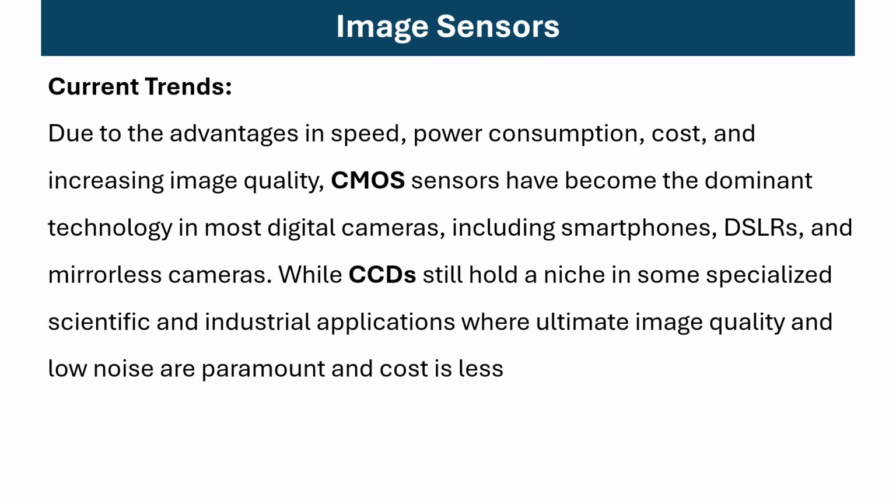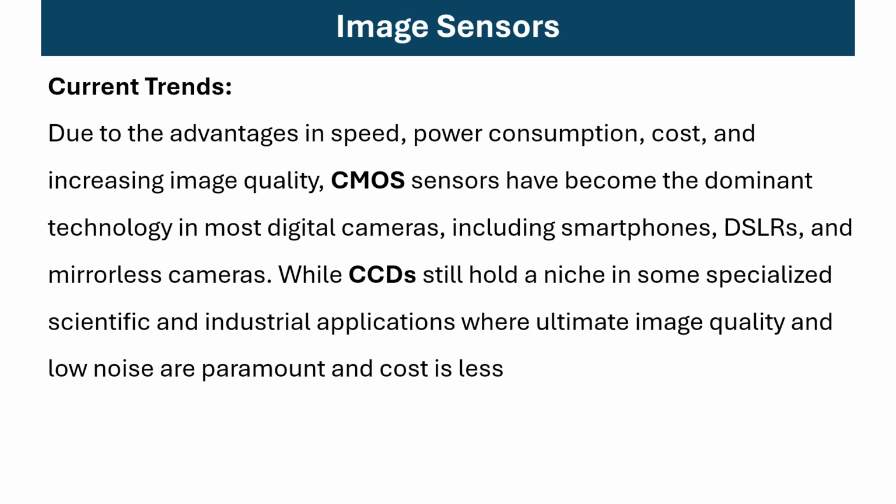The current trends of the image sensor, due to the advantages we mentioned before in speed, power consumption, cost, and the amplification of pixels, like increasing the image quality, are that CMOS sensors have become the dominant technology in most digital cameras, including smartphones, DSLRs, and mirrorless cameras.